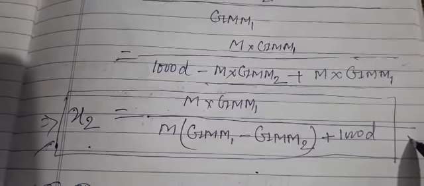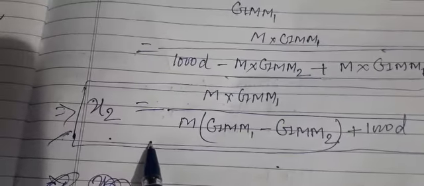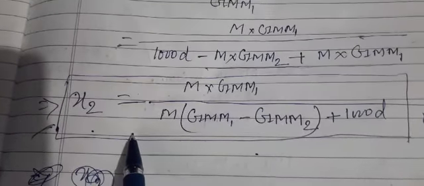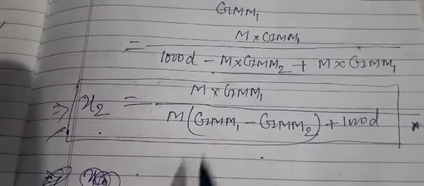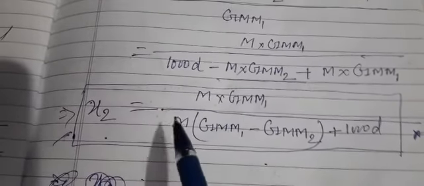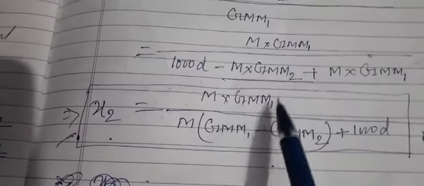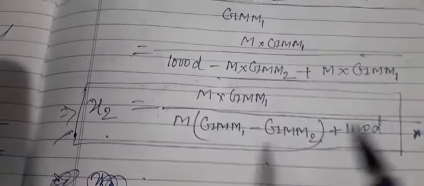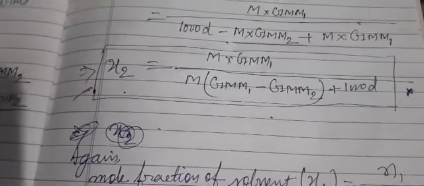You can see how it is calculated. So this is the relationship. It can be used to find the mole fraction of the solute if the molarity is given to you, because the molar mass is known to you. Everybody should remember, density is generally given in the question.